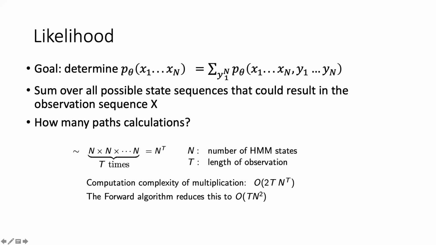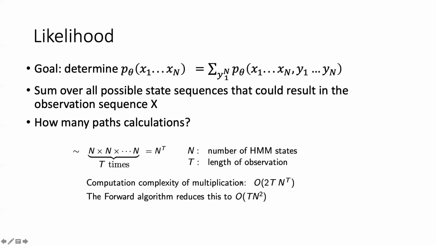So let's consider an HMM with n states, and the length of the observation is t. In this case, the number of computations involved is of the order of t times n to the power t.